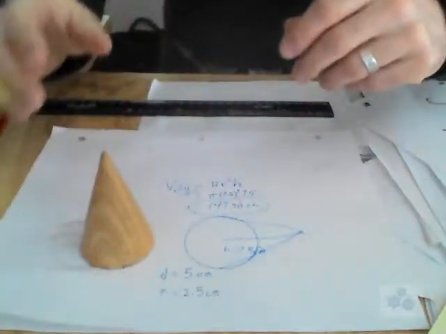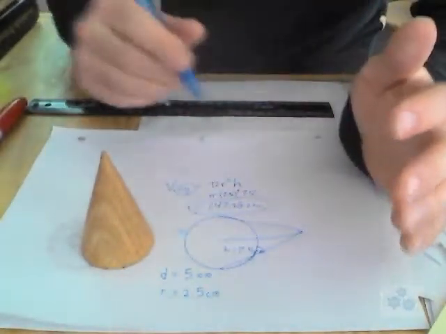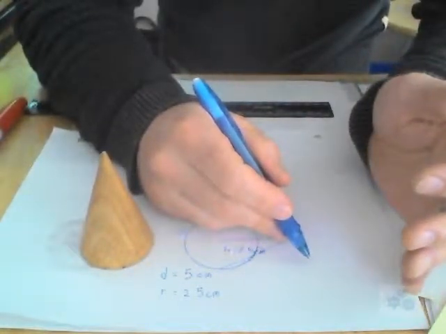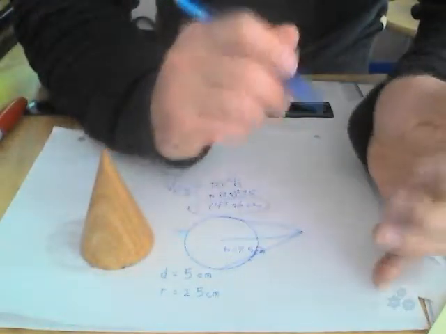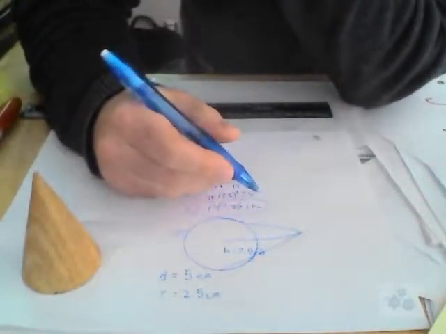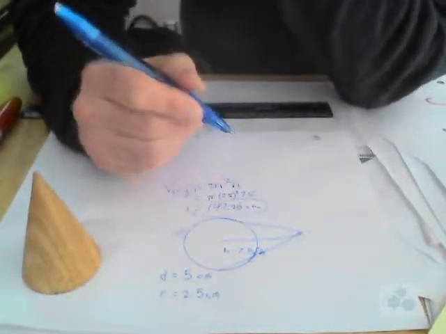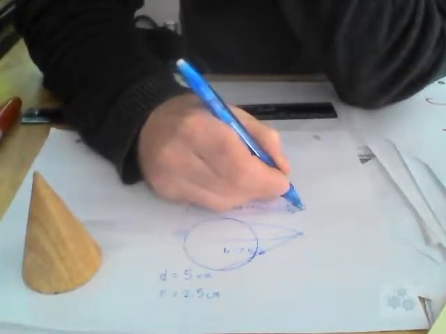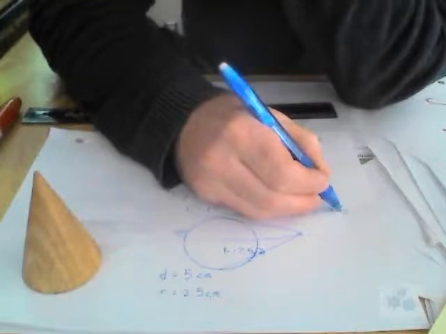Okay, so what is the displacement volume? What was the difference then? 540 minus 485.